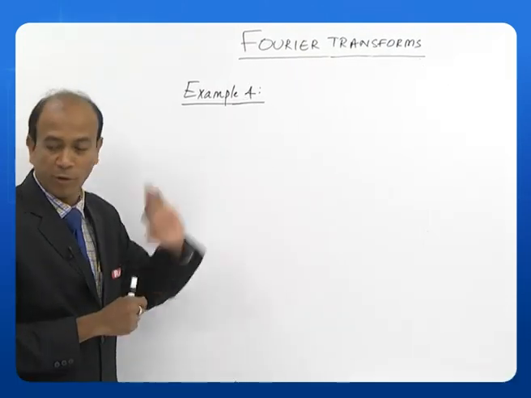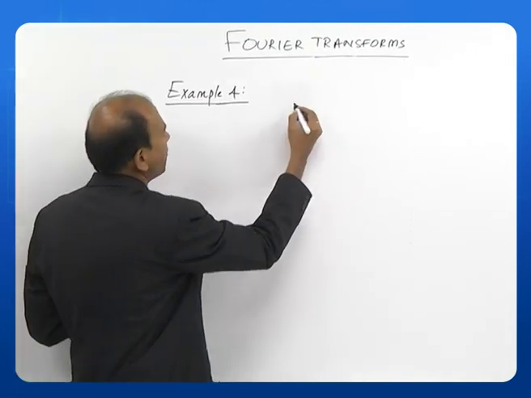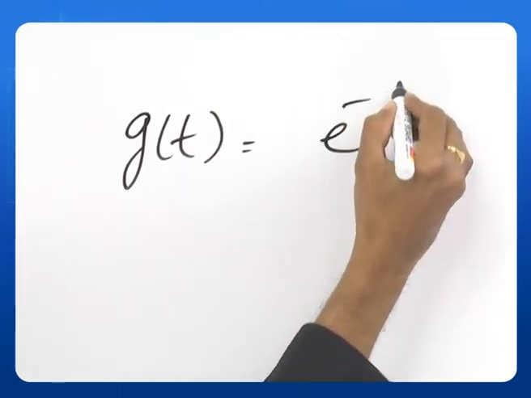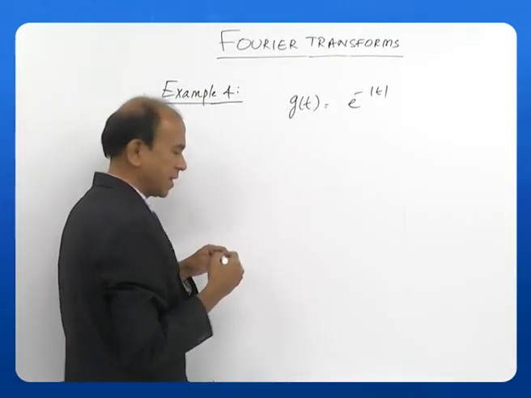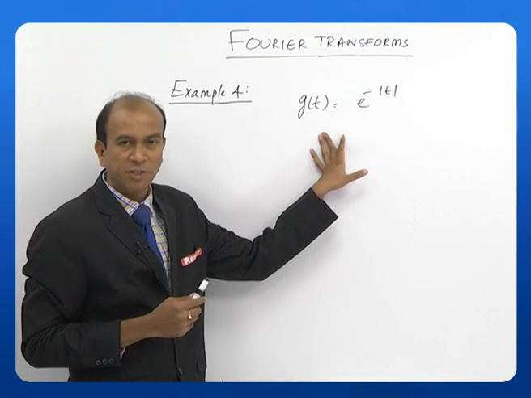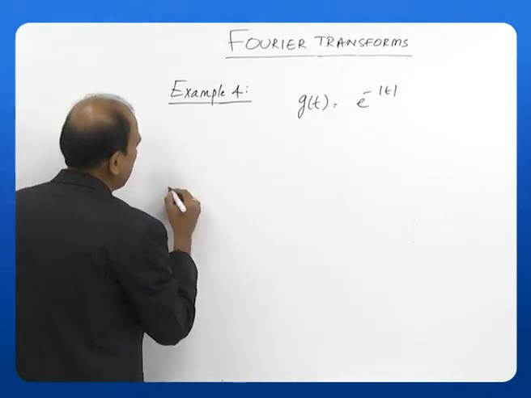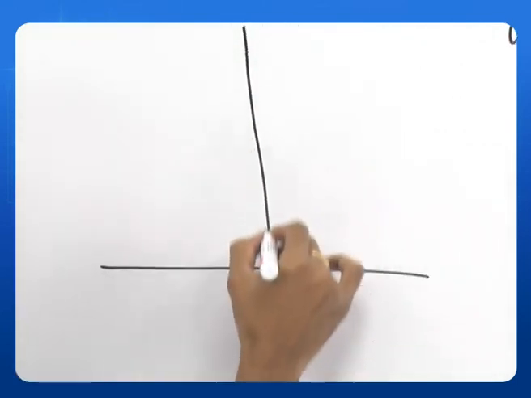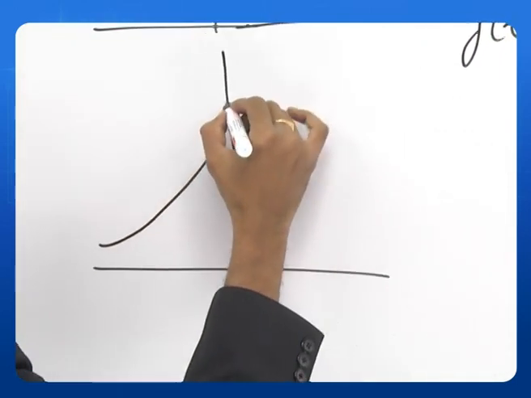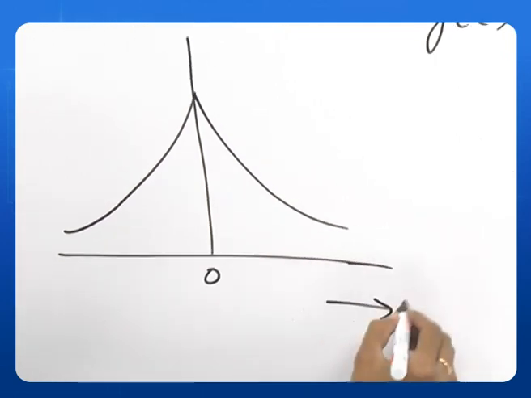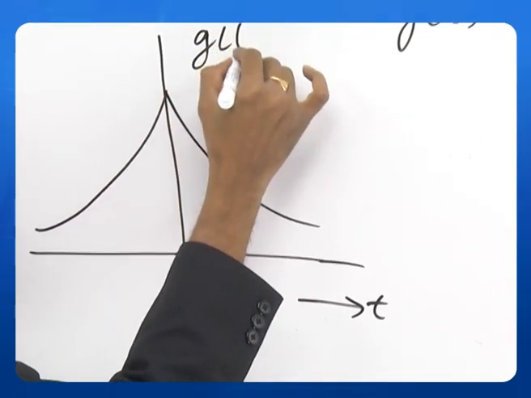So, this is example 4. Okay. Let us say the function given is this function. Okay, let us draw how it looks. So, g of t will be, okay, this is the function, this is our g of t.